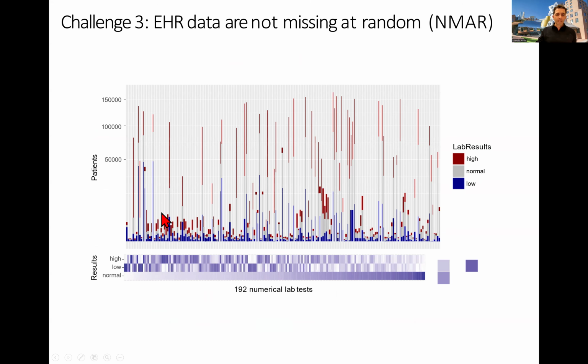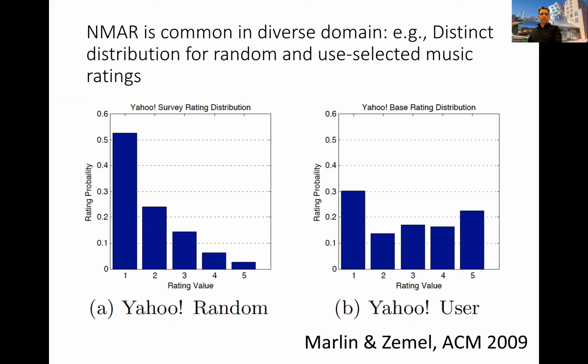So if you look at the results of patients and see how many of those results are abnormally high, how many are abnormally low, and what the actual distribution is, you see that the data is distributed much more extremely than what you would expect from any kind of biological variable. So you have to make inferences about missing data in a very different way than if the data was actually missing at random.